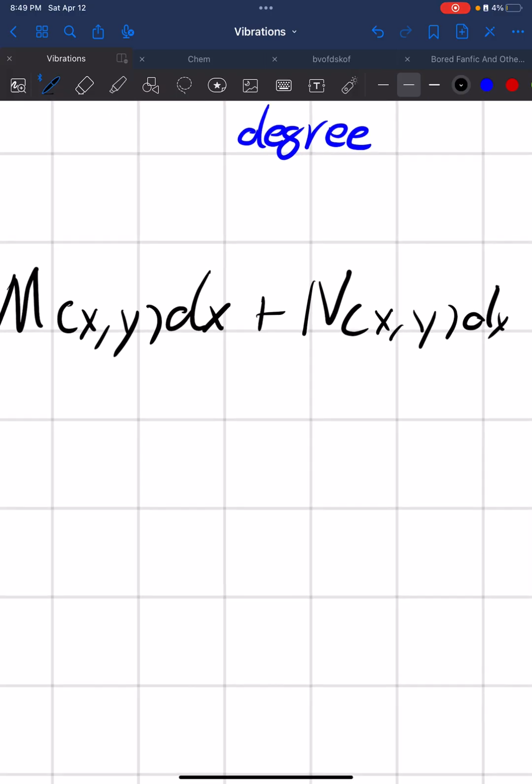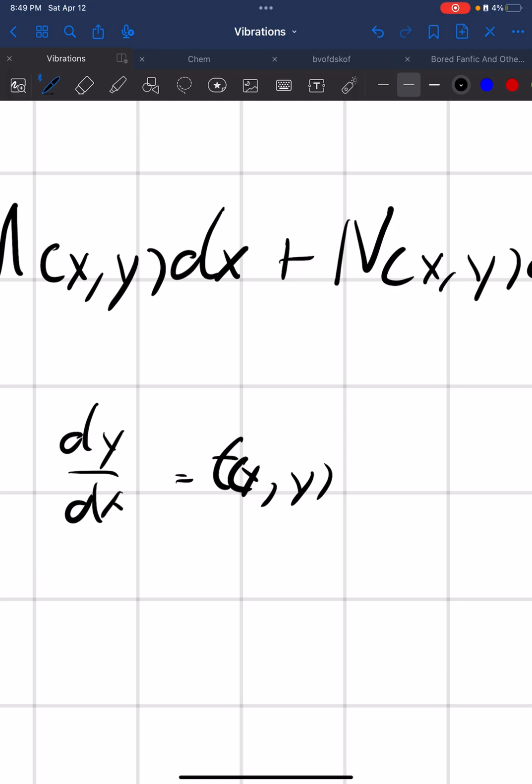Cool, so you can split this up and actually write it like the typical function that we saw above, dy/dx equals f of x, y.